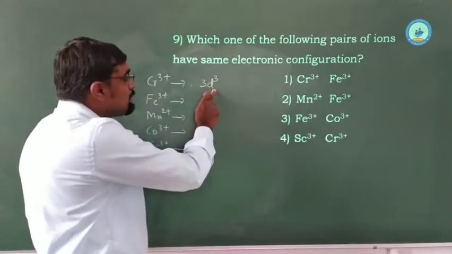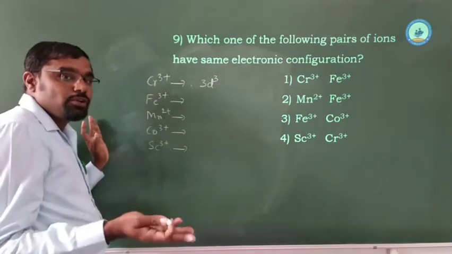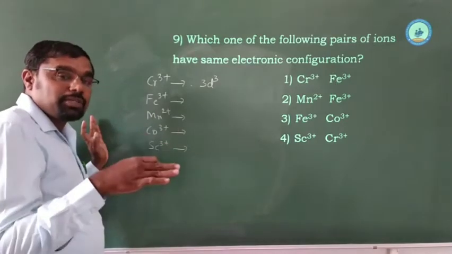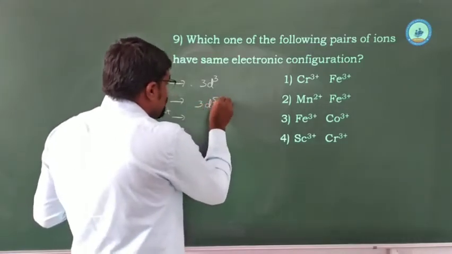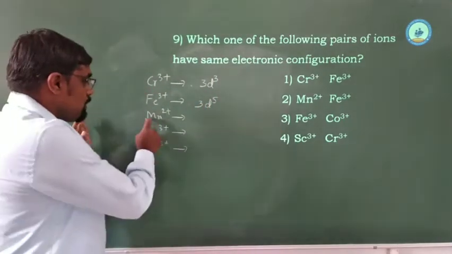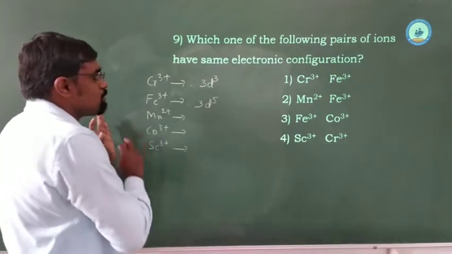We have to write 3d3. So next Fe3 plus. The atomic number is 26. 2 electrons from the s orbital, 1 electron from the d orbital. We get 3d5. Next Mn2 plus. The atomic number is 25. So 2 electrons have to be removed, giving 3d5.